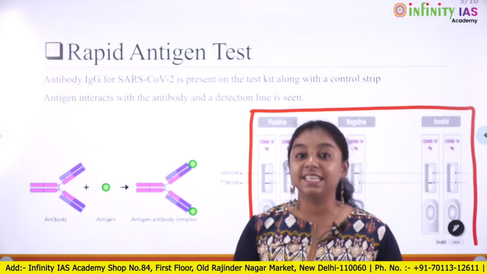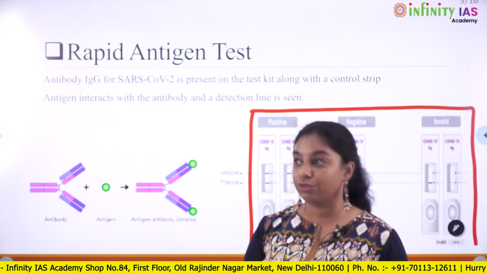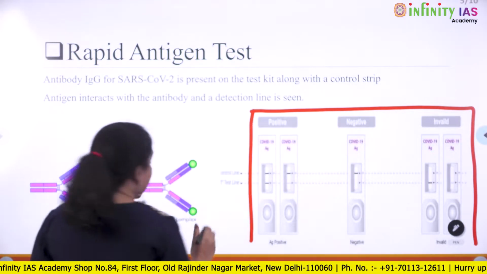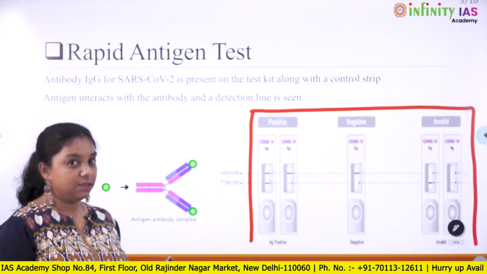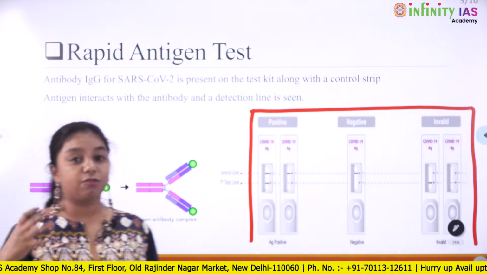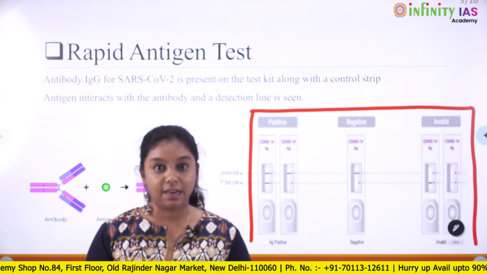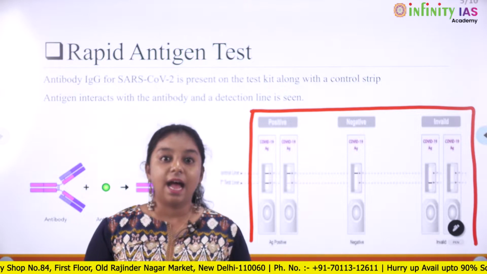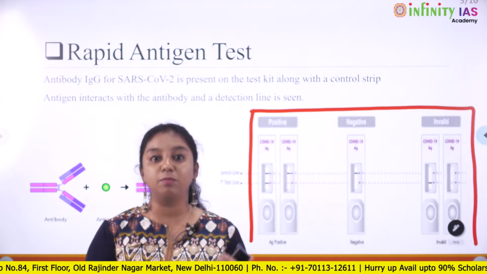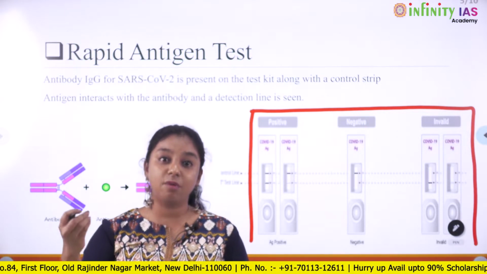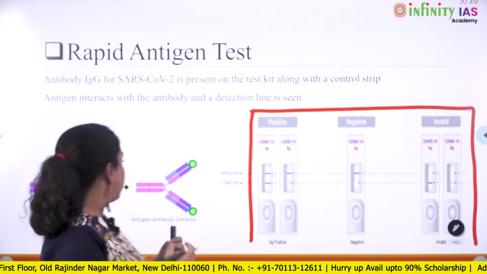Before going on to the testing kit, we shall look at the principles of how RAT is used. RAT basically uses a principle called the antigen-antibody principle, where an antigen is a foreign body that attacks you, such as a virus, bacteria, fungus, etc. And an antibody is something that is produced by your own immune system against the antigen that is invading your body.